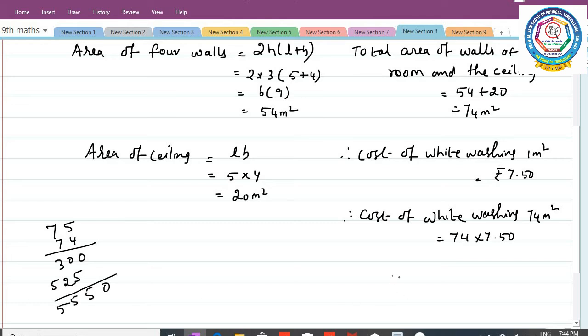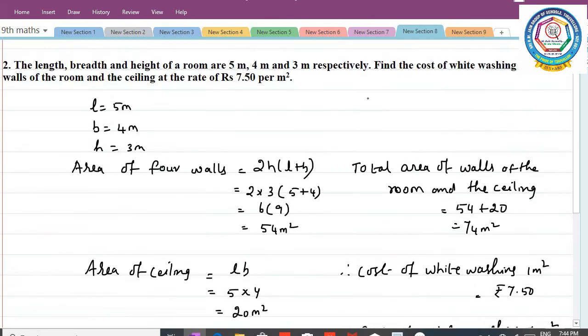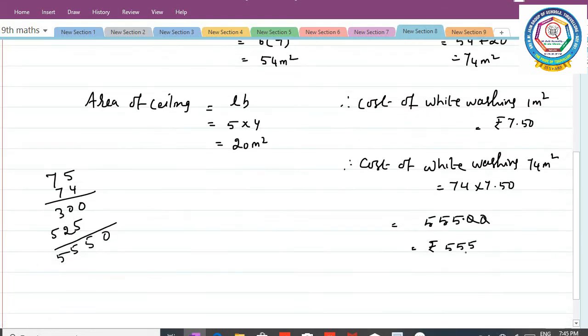So here 5550. Then here one more zero we have to take. But after decimal two places, then we have to put after decimal. So 0, 0 will cancel. Therefore rupees 555. Therefore the cost of whitewashing the walls of the room as well as ceiling equal to rupees 555.